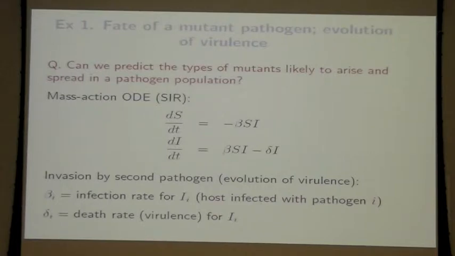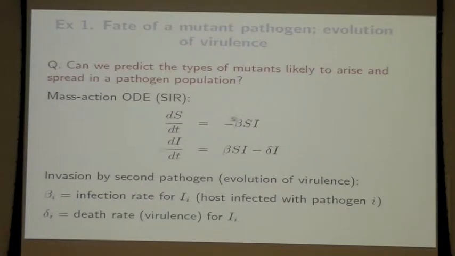A lot of you know about the classical, simplest models of epidemiology, the SIR model: susceptible, infectious, and recovered categories for our population. What we typically learn about first is a mass action ordinary differential equation. Here you see the rates of change for the susceptible population and the infected population.